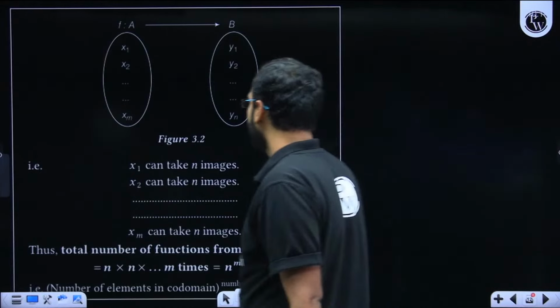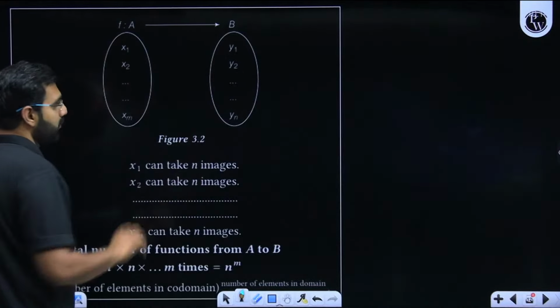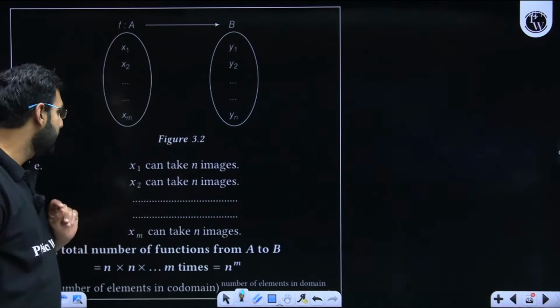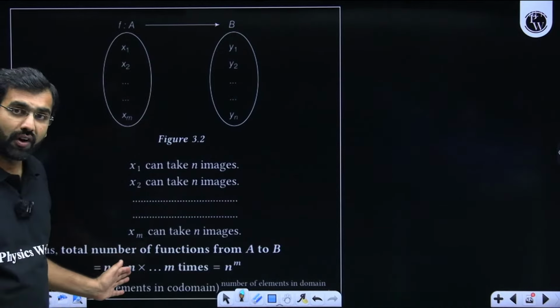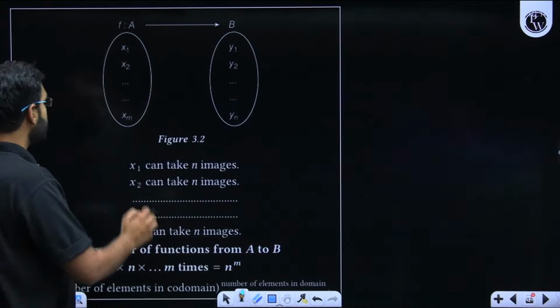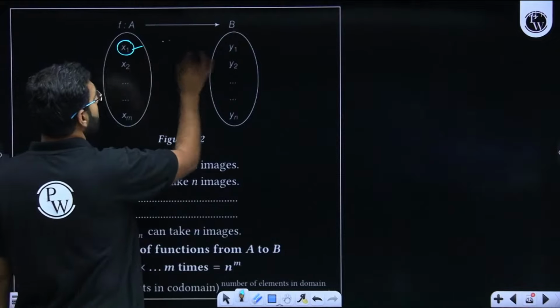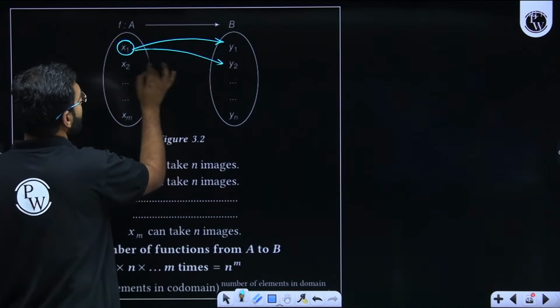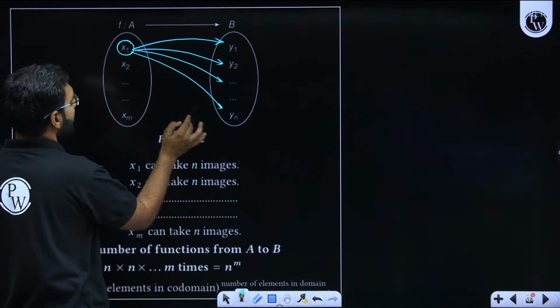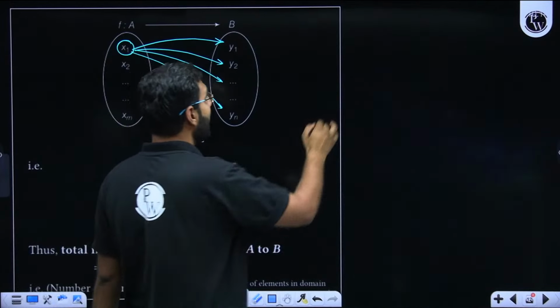What do I mean by that? If there are m observations, there are n observations and they are to be mapped. If I ask you the number of functions from A to B, I approach x1 and ask how many choices you have. It will say I can be mapped with either y1 or y2 or y3 until yn. So x1 has n choices.